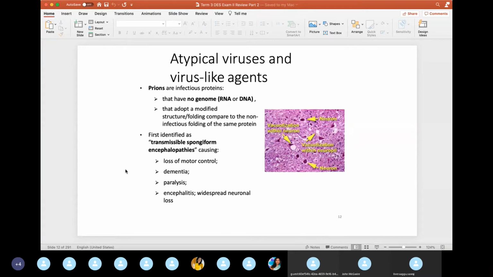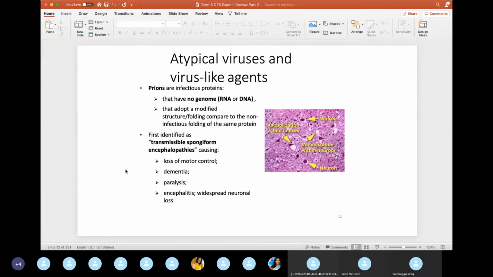What are the signs and symptoms of someone who has prions? This is very, very deadly. You have loss of motor control, dementia, paralysis, and encephalitis. You can be dead within less than a year if you've got prions, your Creutzfeldt-Jakob disease, or your bovine encephalopathy, your mad cow disease.